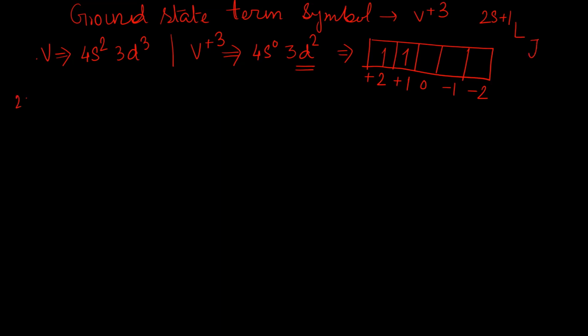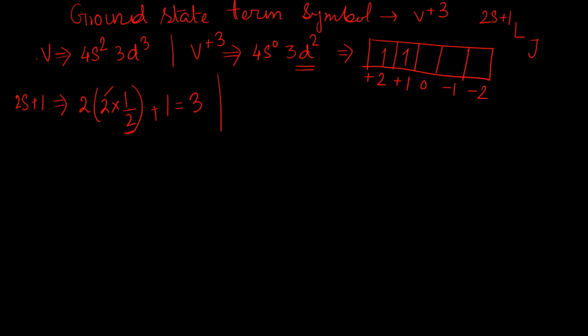So what is the 2S plus 1 value? 2 electrons are present, so each contributes half. So 2 into half, this is the number of electrons and this is its contribution, plus 1. The value is 3.